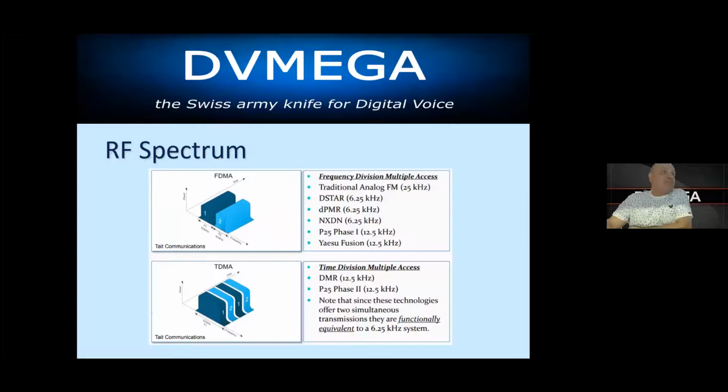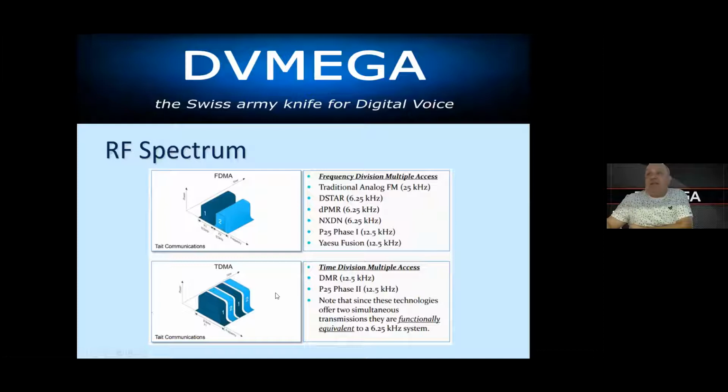So, RF spectrum. D-Star, it's 6.25 kilohertz bandwidth. DMR as well. And the difference between D-Star, Fusion and DMR is that one has FDMA and DMR has TDMA.